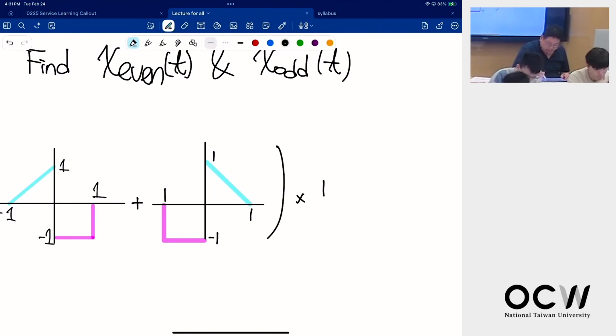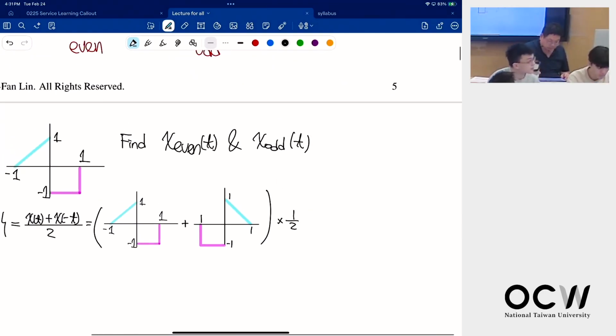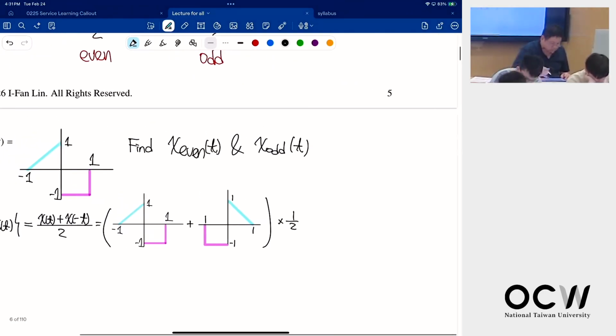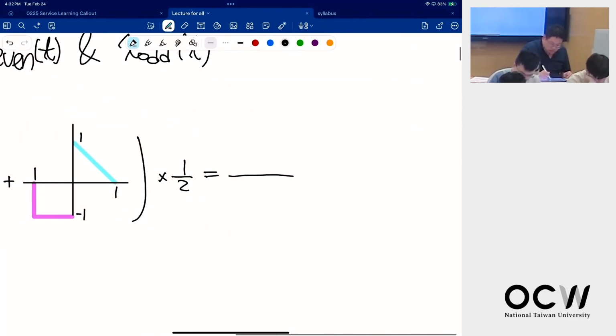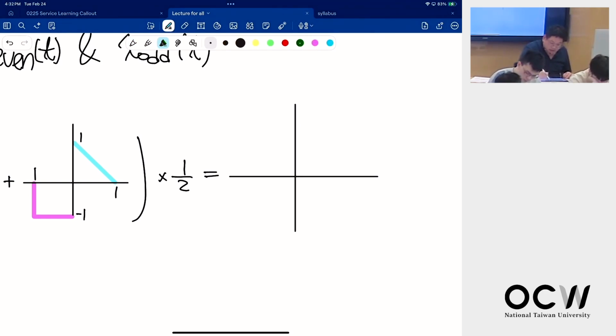Divide by 2. Then you'll get the signal like here. -1, 1, and here is 1 over 2, -1 over 2.